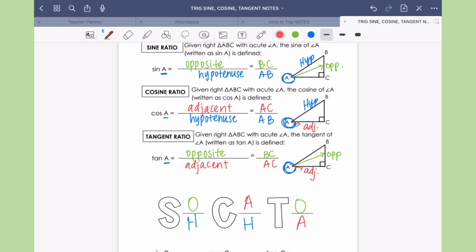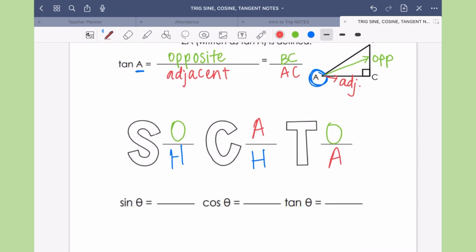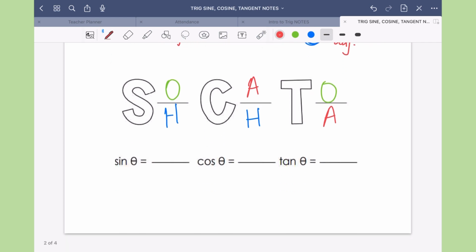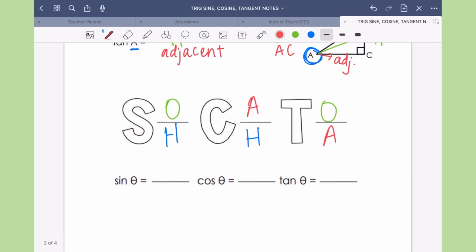I don't know who invented this, but it helps a lot of students. We're going to be hearing that word a lot, to remind you how to set up the ratio.